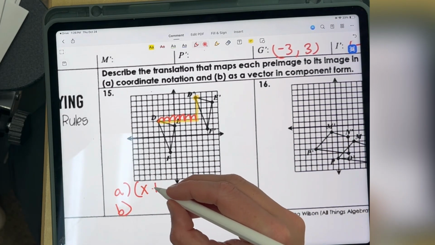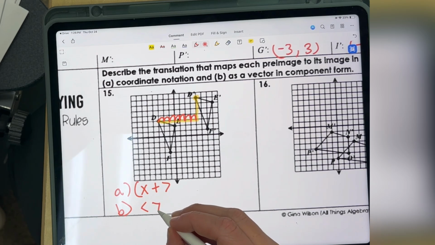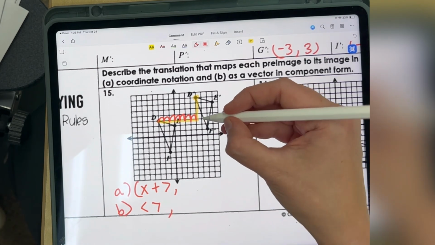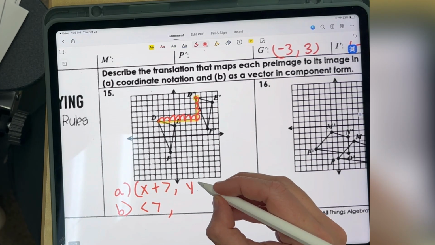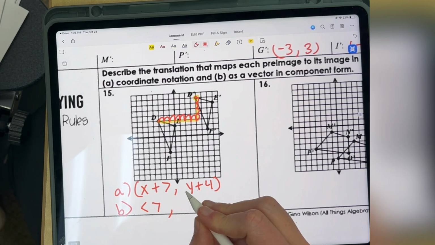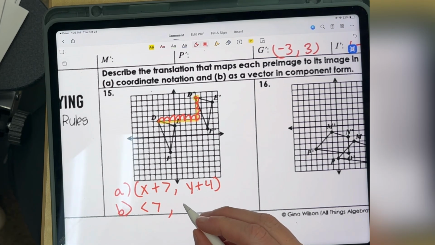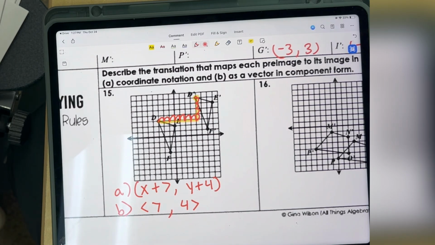It should be plus 7, okay? And so in vertex form, it would just be a positive 7. How many up does it take? 1, 2, 3, 4. So Y plus 4, okay? This is the coordinate notation. Vertex notation, to go up 4, would just be a positive 4. Those are your two answers, okay?